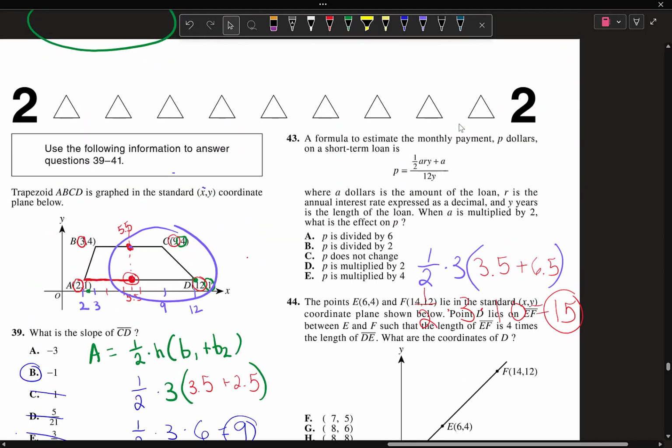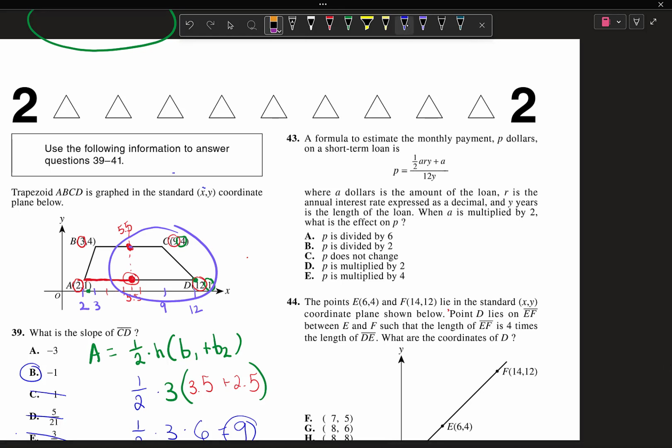Then finally, number 43. Problem like this, again, I like to make up numbers. So let's make up numbers for a, r, and y. Let's say a is 2. It does say r has to be expressed as a decimal. So let's pick an easy decimal for r.